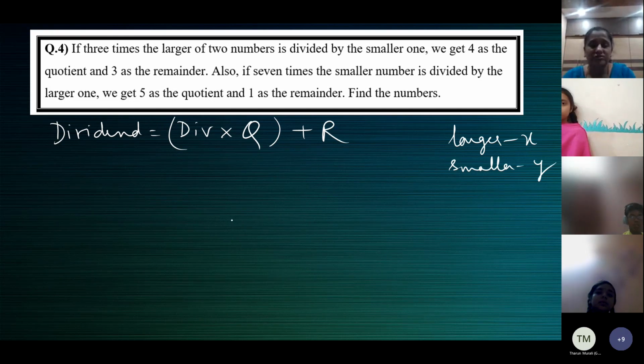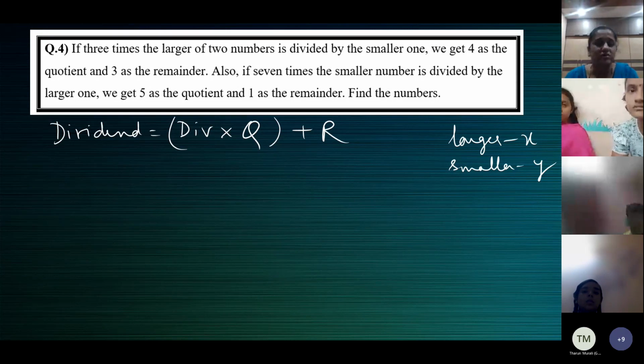I'm reading the question from the beginning. If 3 times the larger of the two numbers, see, there are two numbers, we have to find those two numbers. And since the words larger and smaller are used in the question, we'll be specific in the assumption. Let the larger number be x, let the smaller number be y.